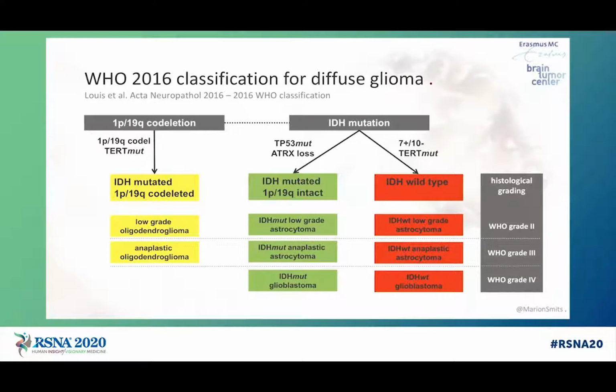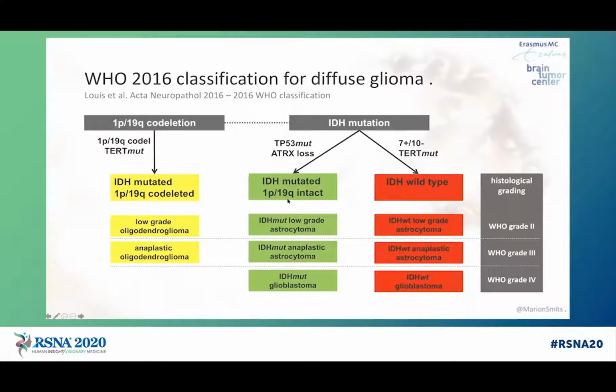The key mutations that are considered are the presence of IDH mutation and the 1p19q co-deletion. By definition, 1p19q co-deleted tumors are IDH mutated.